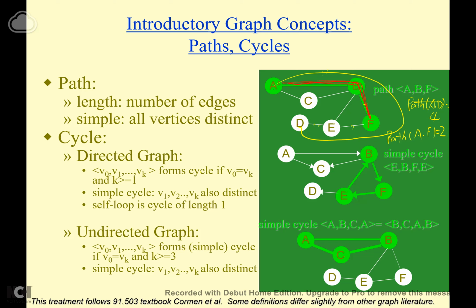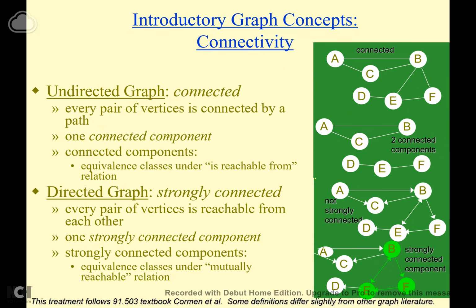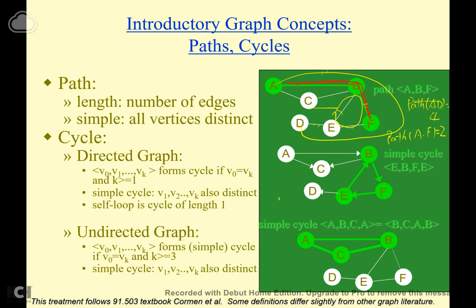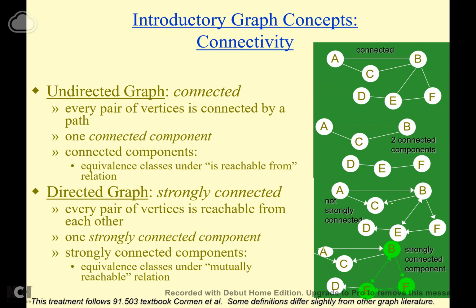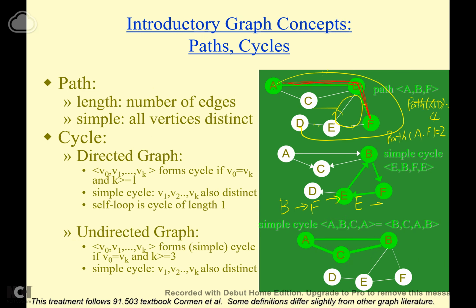And it forms a cycle if V0 equals Vk and k is greater than or equal to 1. Here we do not consider the self cycle. So in this case, this is one cycle, from B to F to E, and to B again. This path forms a cycle.